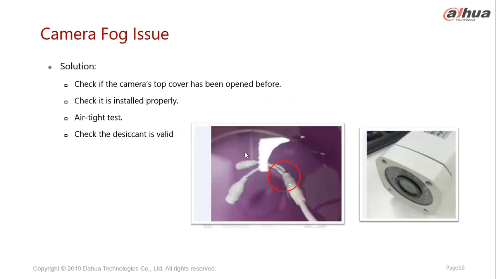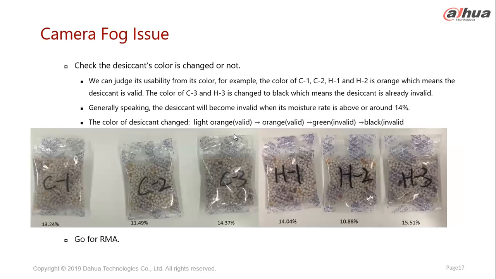Also, you can confirm this by checking if the camera has been opened before, and if it was installed properly. So it's more of a physical examination. And you also need to confirm that fog issues can be fixed with a desiccant.